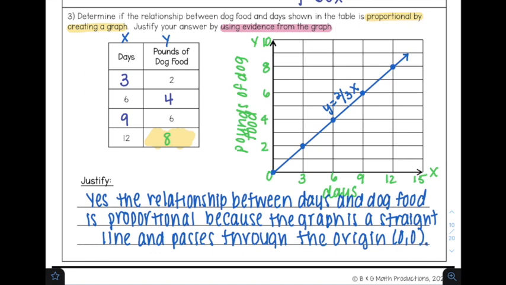And there you have it. That would be our answer to number 3. The 2 reasons why a graph is proportional is because it's a straight line and it passes through the origin. Here would be your y-intercept. Your y-intercept is always 0 in a proportional relationship.